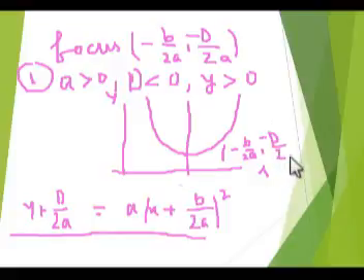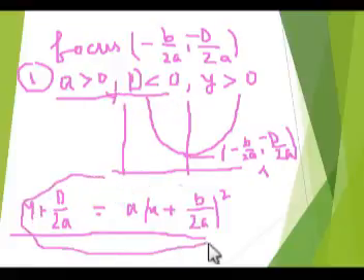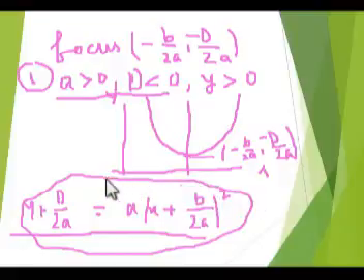This is the first case, and these are the focus point's coordinates. So for this case, a greater than 0 and d less than 0, y must be greater than 0. So the graph will be upward, and the axis is parallel to the y axis.